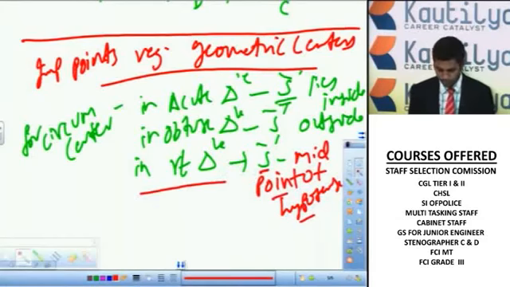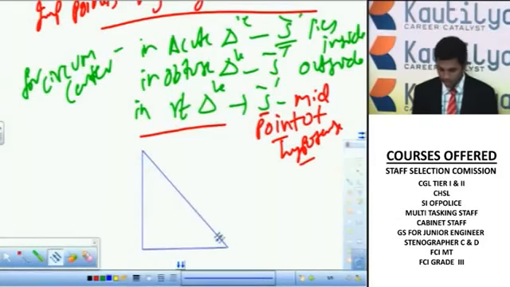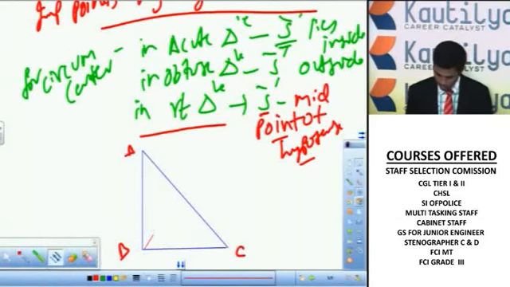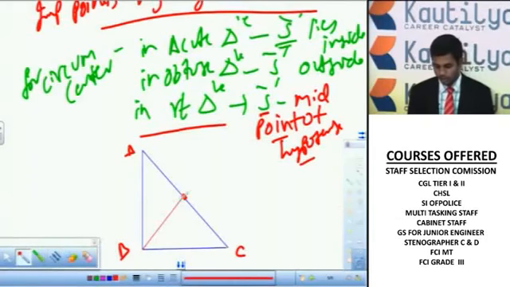So if this is the right angle triangle ABC with the right angle at vertex B, then this particular point will be S, the circumcenter, and it will be dividing the hypotenuse into two equal halves, that is, lying on the midpoint of the hypotenuse.